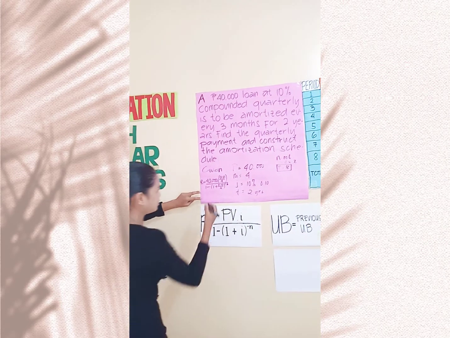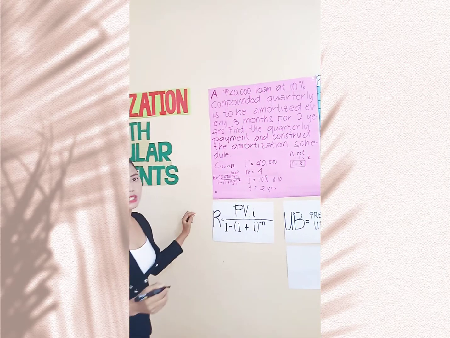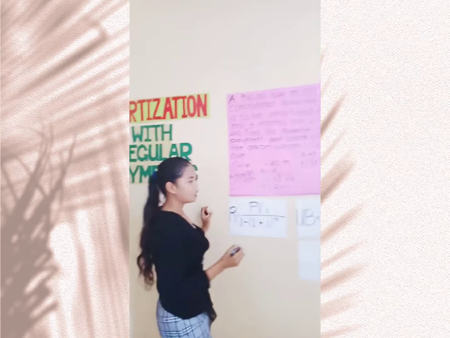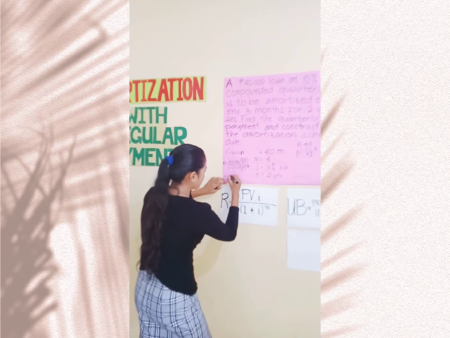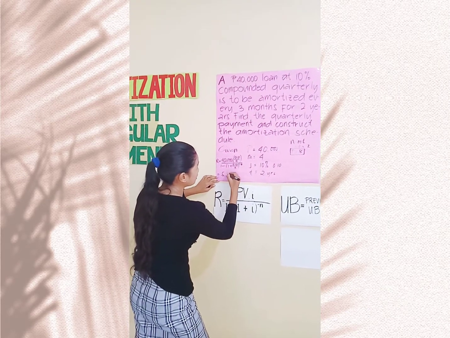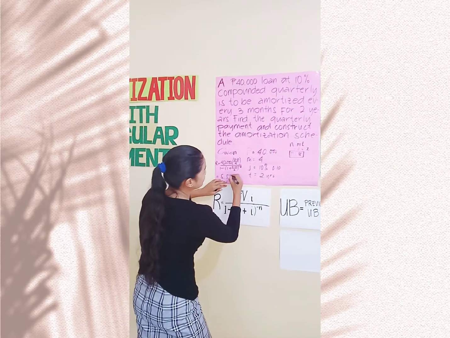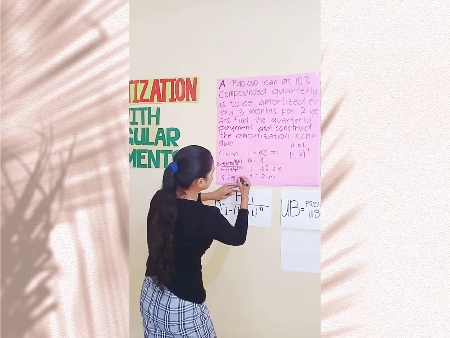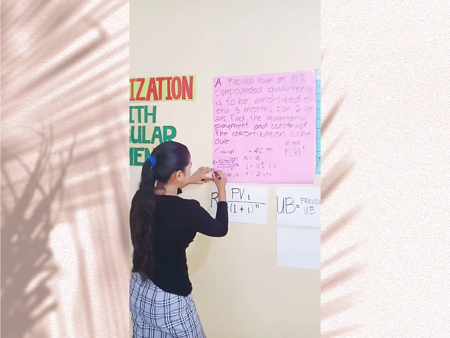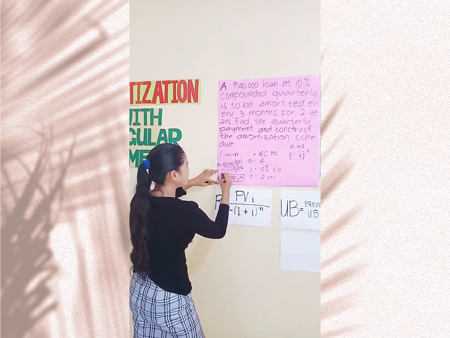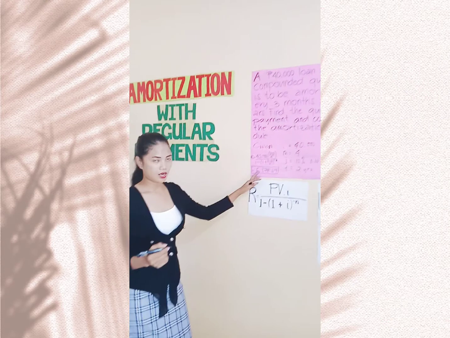Now let's compute. Using a calculator, the result is 5,578.69. So this is our periodic payment, or R.